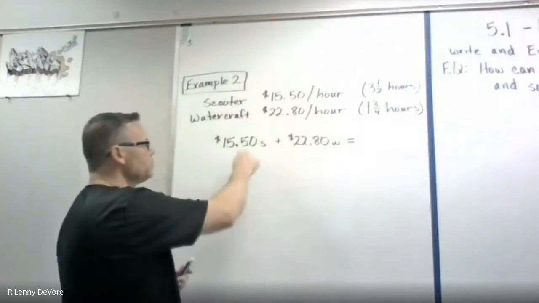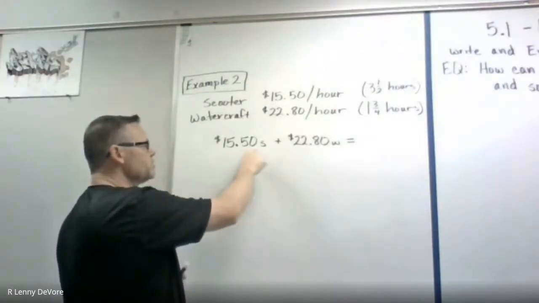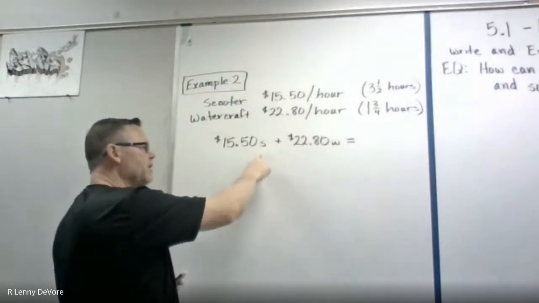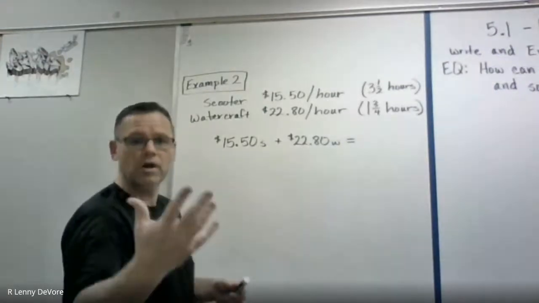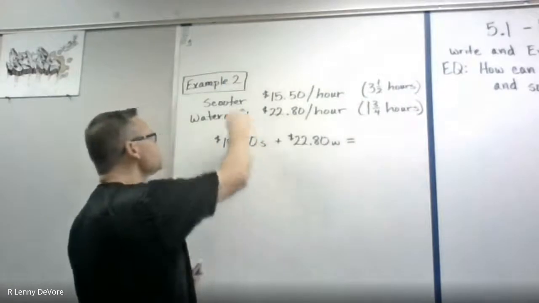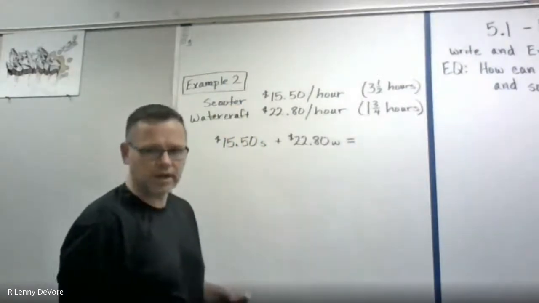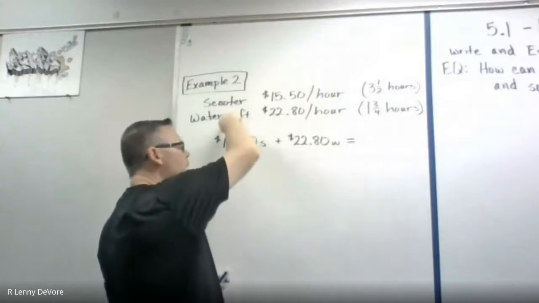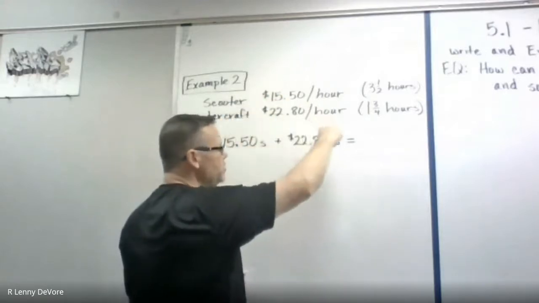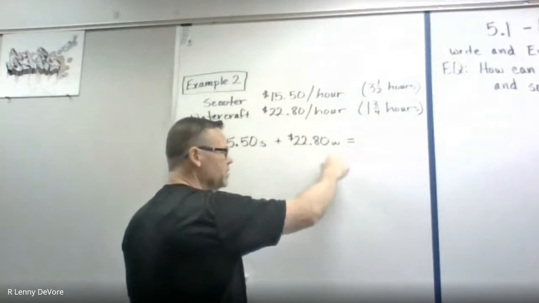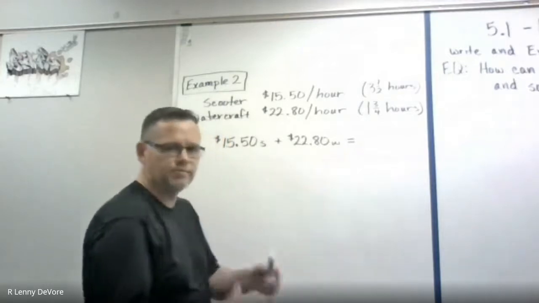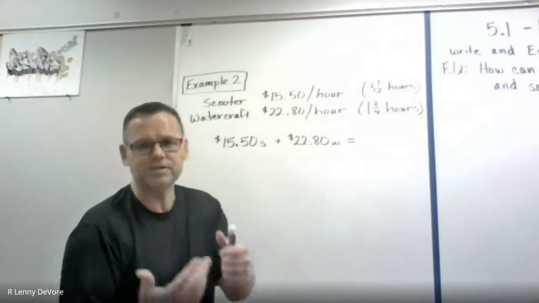They would multiply $15.50 by the amount of hours, and they signify that variable, because it would vary per customer, with S for scooter. They would take the $22.80, that's the hourly rate for the watercraft, and use W as the variable, because it's going to vary per customer. Variable means that it does vary.